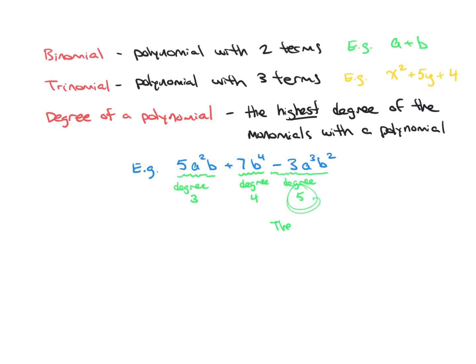Okay, so the degree of the whole polynomial is 5. Okay, so that's the degree of the polynomial. All right.